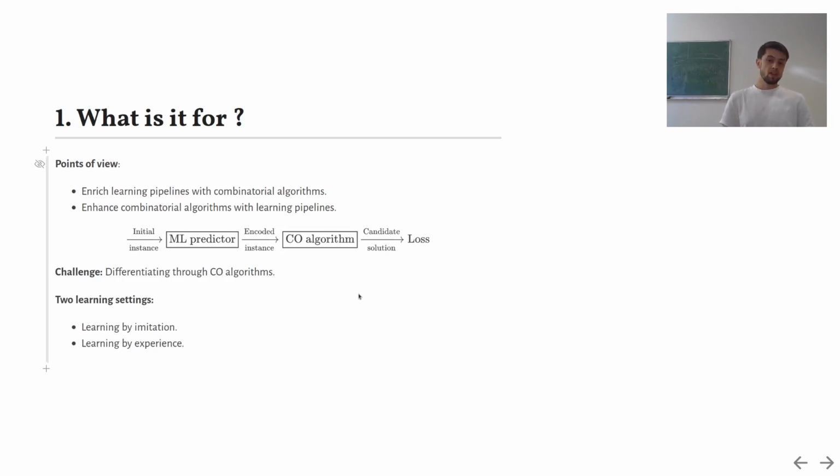But we also do this in a learning by experience setting, where you only have a data set of instances and a black box cost function to evaluate any given solution. The second setting is more challenging, and today I'm going to focus on illustrations of the learning by imitation setting.